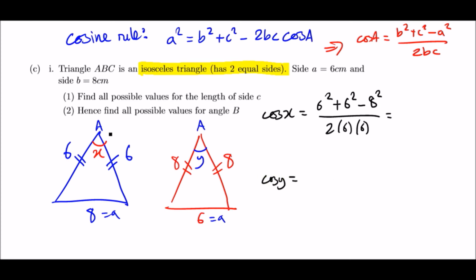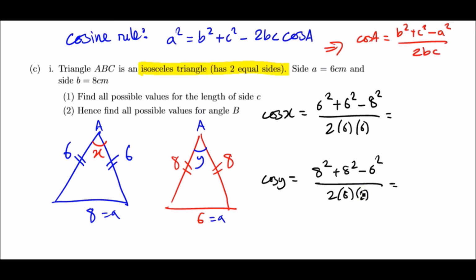Here b and c would be 8, so this would be 8 squared plus 8 squared minus 6 squared over 2 times 8 times 8, which would also equal something. So let's go ahead and evaluate both now.